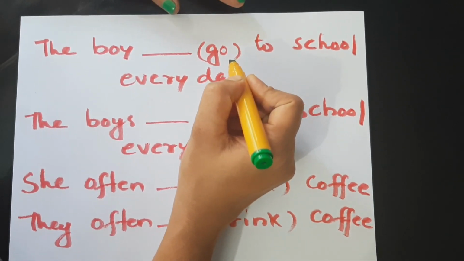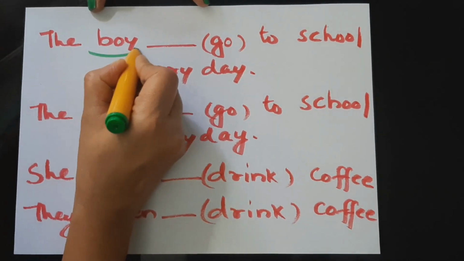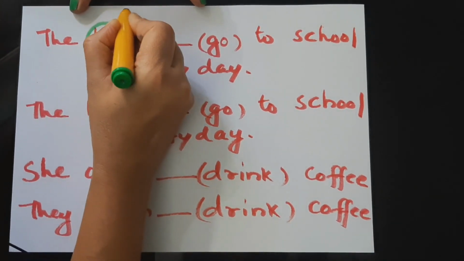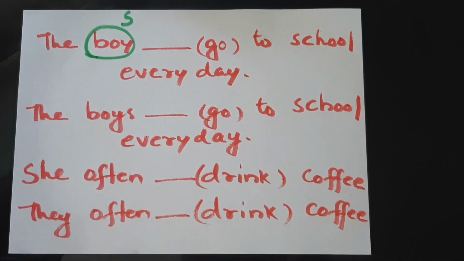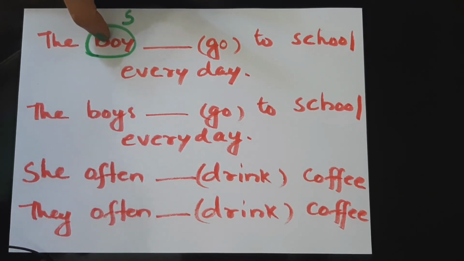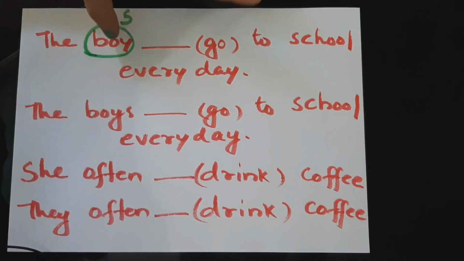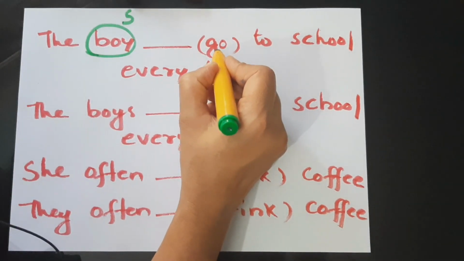You have to use the correct form of the verb here. The boy, you know that boy is a singular noun. So, according to our rule, if the subject is singular, it should agree with the verb. The verb that is given here is go.